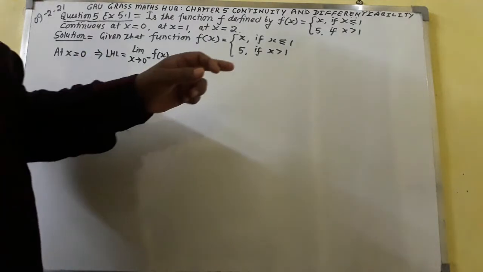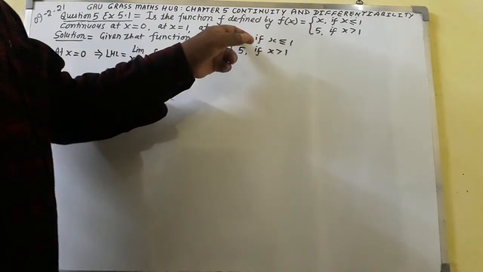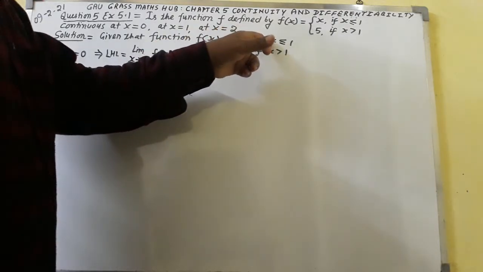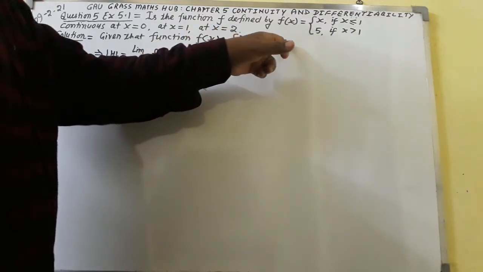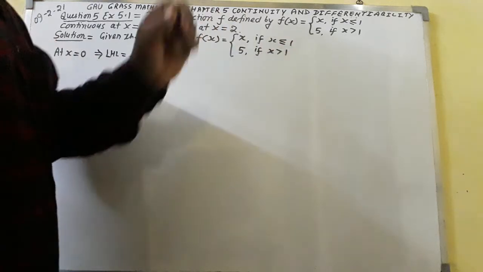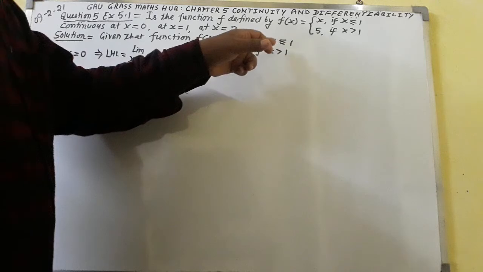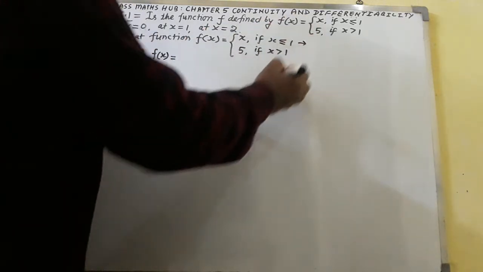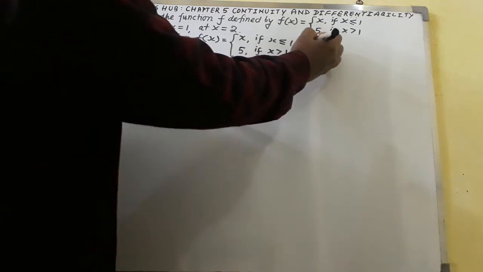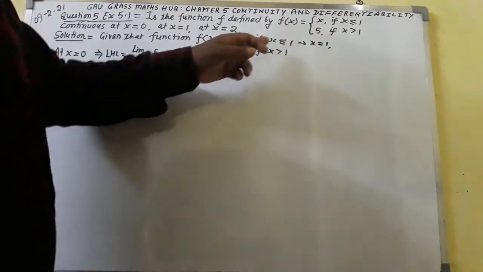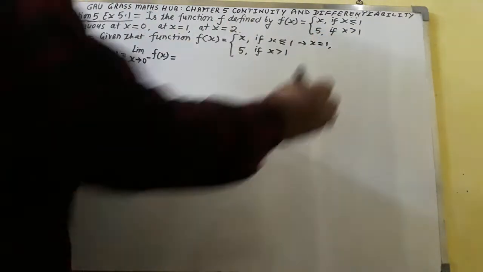You can see here in the first function f of x equal to x, the value of x is less than or equal to 1, so x can be equal to 1, or less than 1, which comes out to be 0.